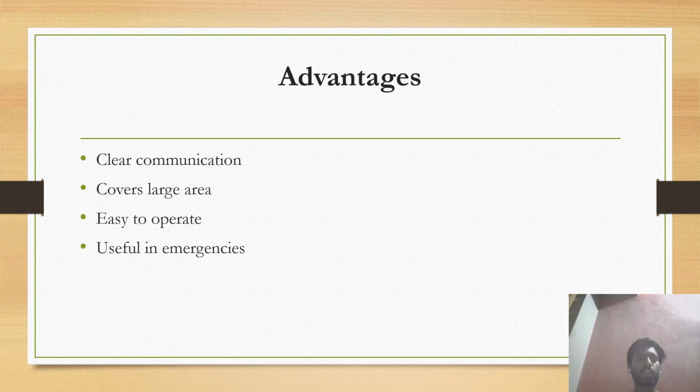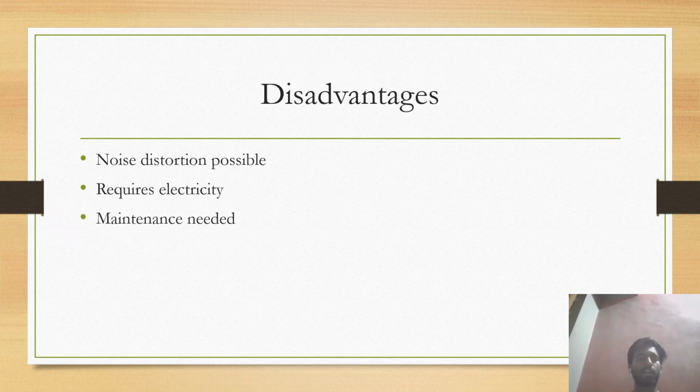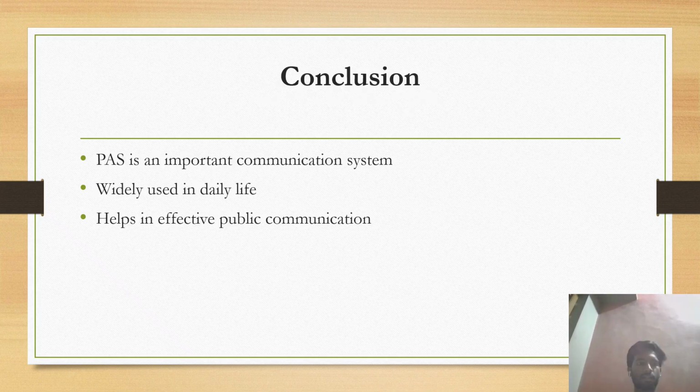We can give clear communication, it covers a large area, is easy to operate, and is useful in emergencies. Now the disadvantages: noise distortion possible, requires electricity, maintenance needed. These are the disadvantages of the PA system.